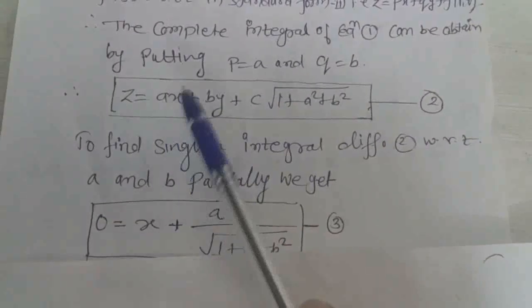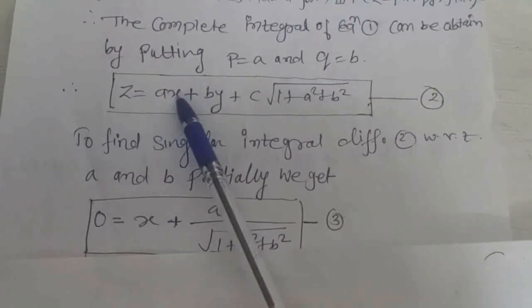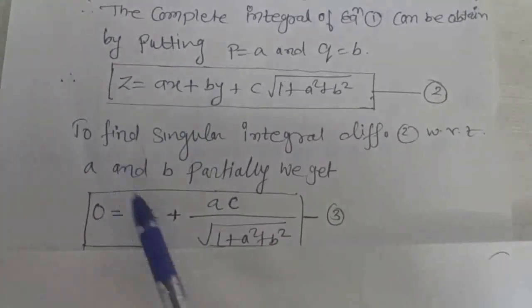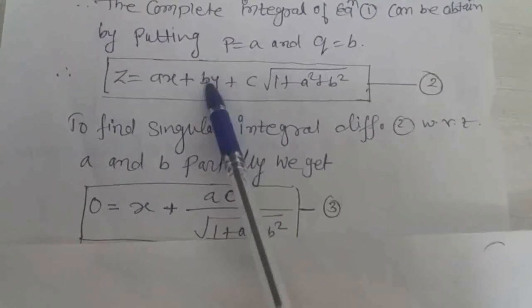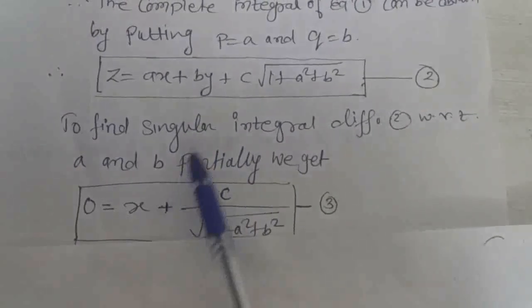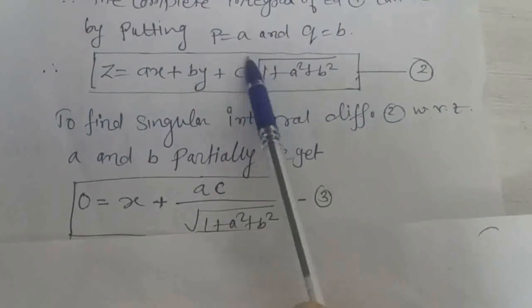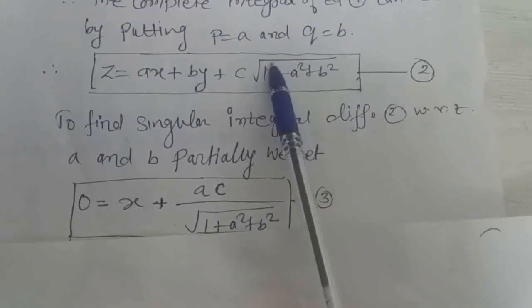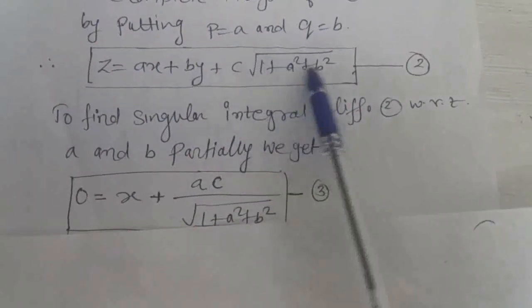The partial derivative of the term ax with respect to a, where x is constant and the partial derivative of a with respect to a is 1, gives x. The term by is constant with respect to a, so its partial derivative is 0, plus c times the partial derivative of the square root, which is 1 upon 2 root of 1 plus a square plus b square.